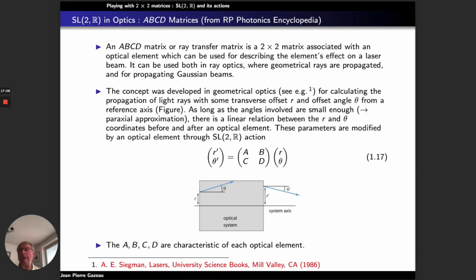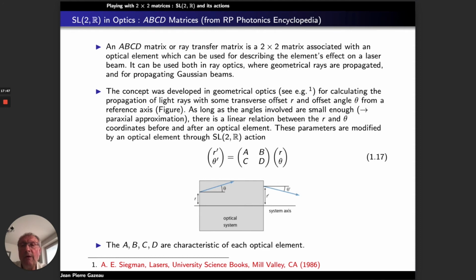Now I'm going to give just a first application in physics, well known in optics, when we consider the transformation of a beam of light rays due to a succession of optical devices, like lenses, like mirrors, and so on.